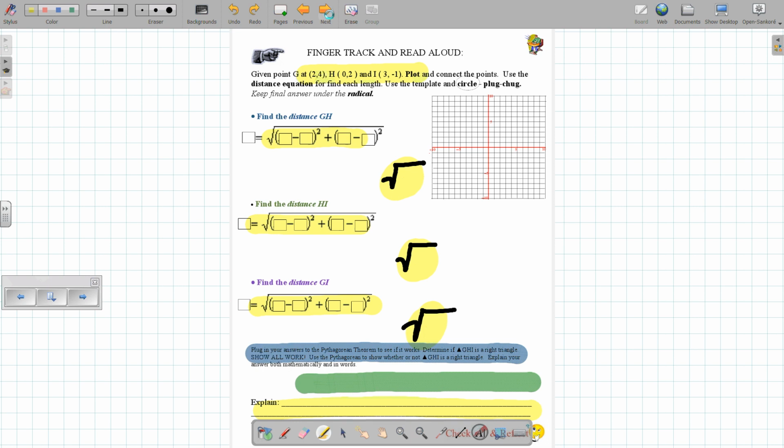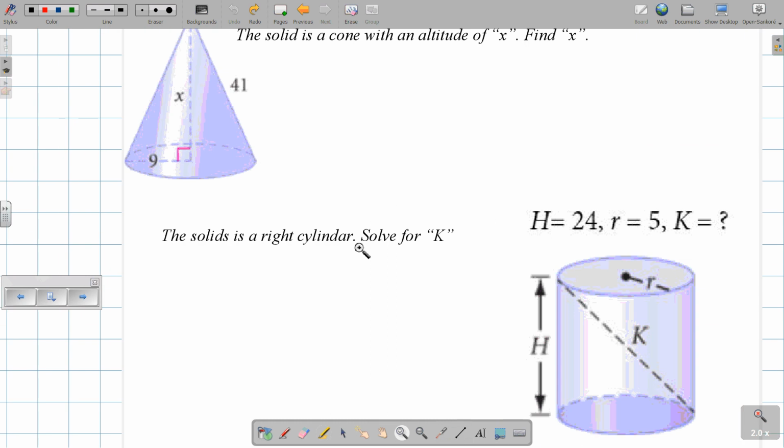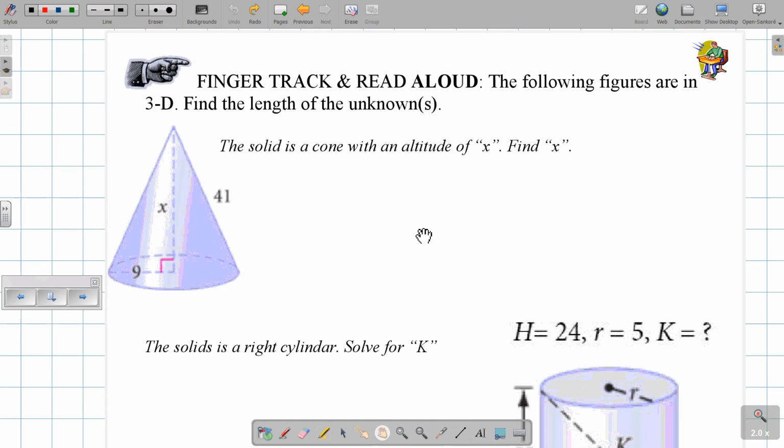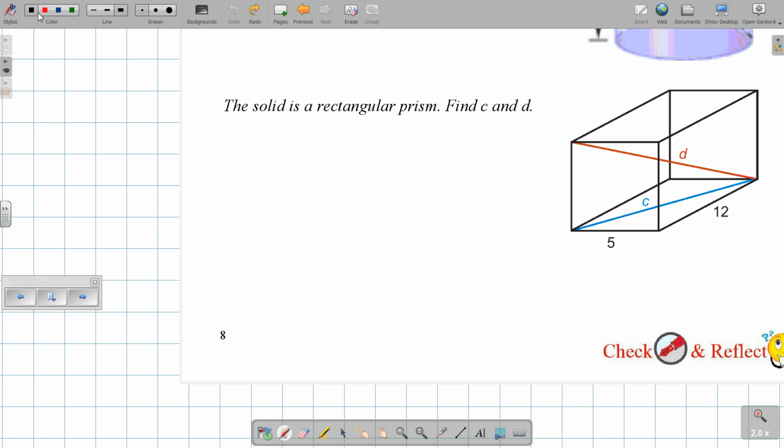All right, last page. Last page is, again, using the Pythagorean theorem, but now you have to be able to visualize these in 3 dimensions. Here you have a cone in 3 dimensions, a cylinder, and, let me just clarify, a square-based rectangular prism.